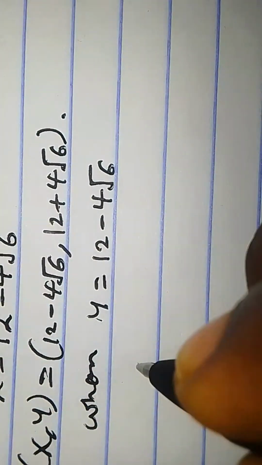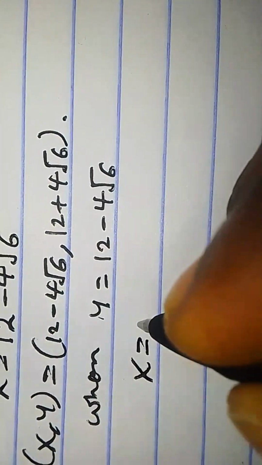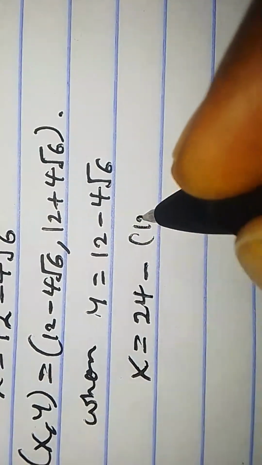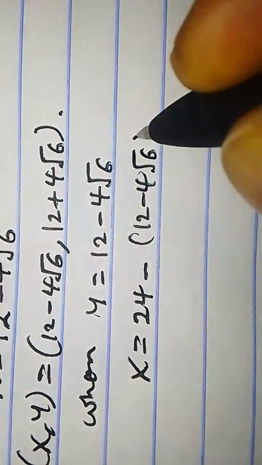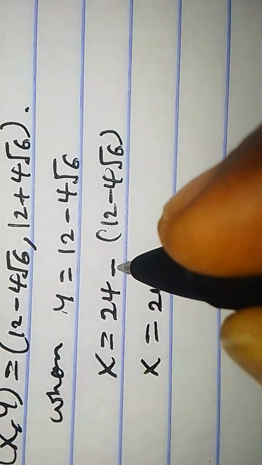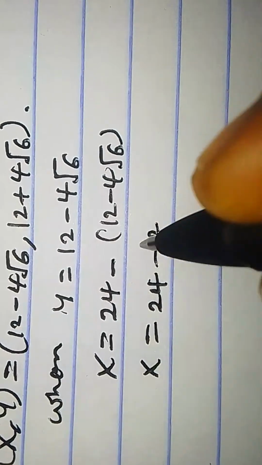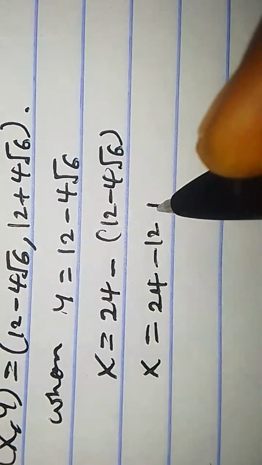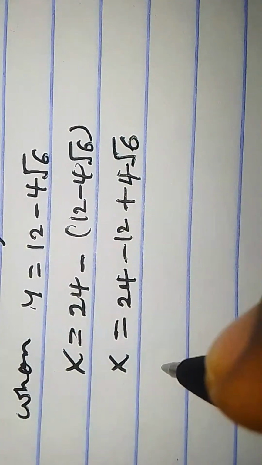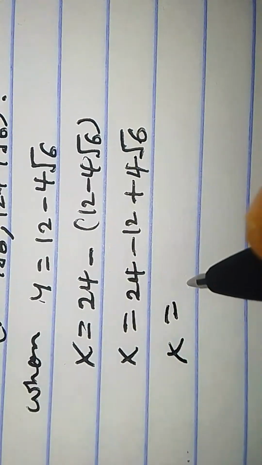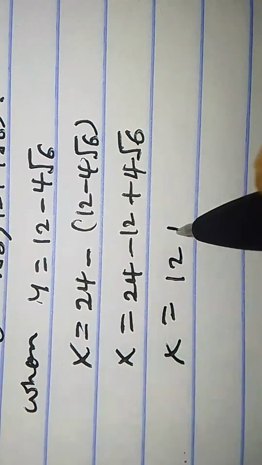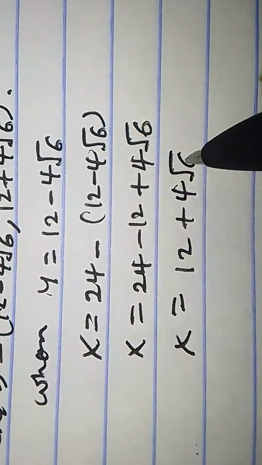So that will be x equal to 24 minus (12 minus 4 root 6). This gives x equal to 24, minus times 12, that is minus 12, minus times minus, that is plus 4 root 6. x is equal to 24 minus 12, that is 12, plus 4 root 6.